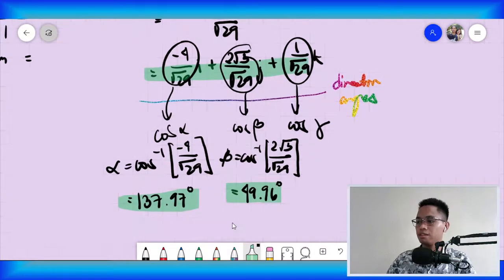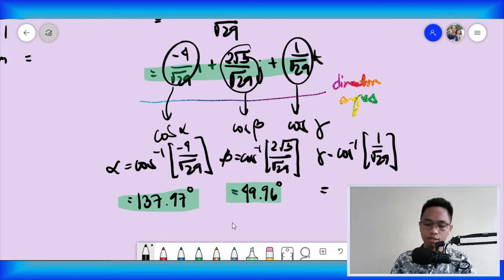Then lastly is our gamma. Our gamma is just the arc cosine of 1 over square root of 29. It is positive again, so obviously that is less than 90 degrees.